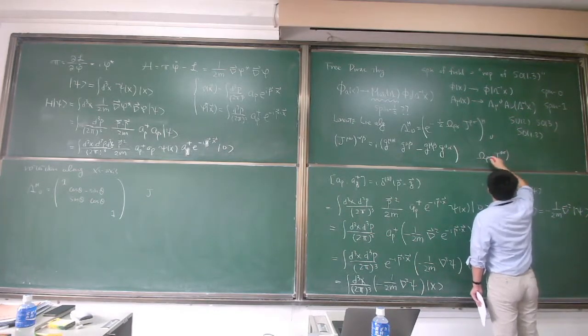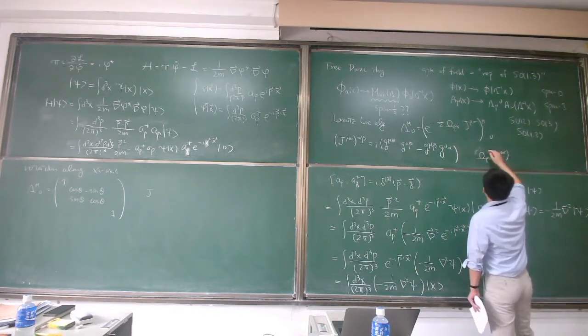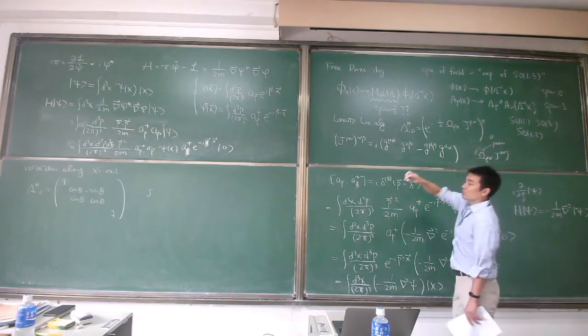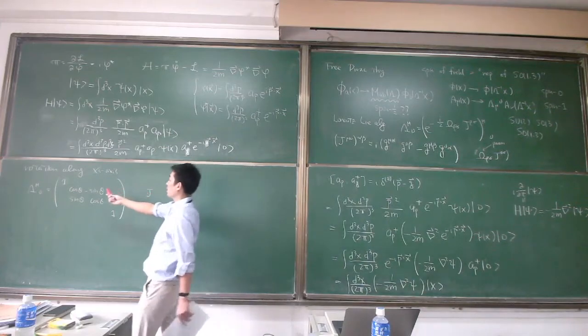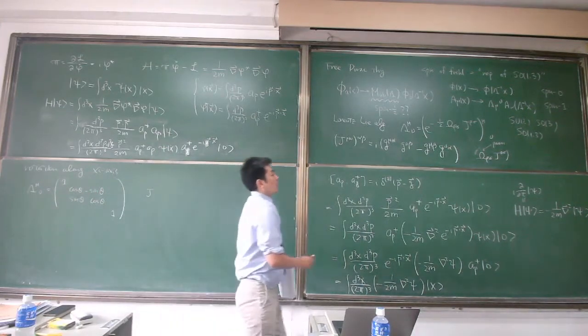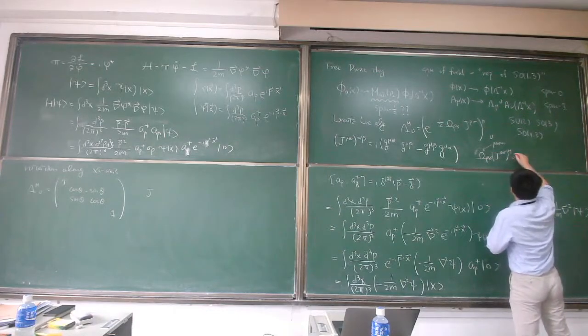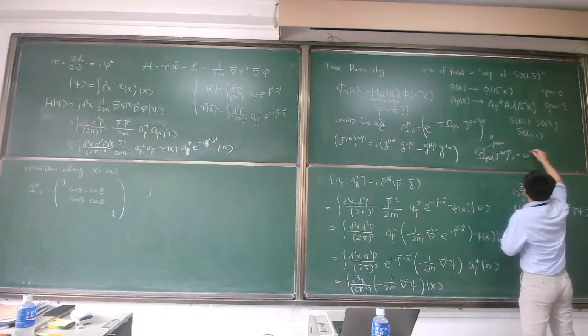This is just a parameter, corresponding to theta here. And then I just write down J mu nu is equal to omega mu nu.